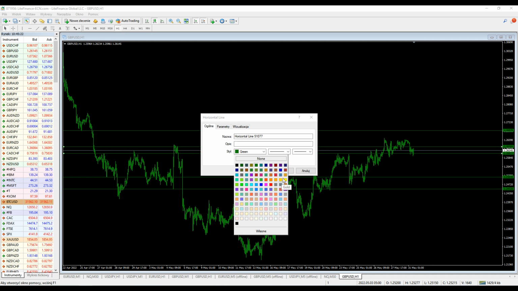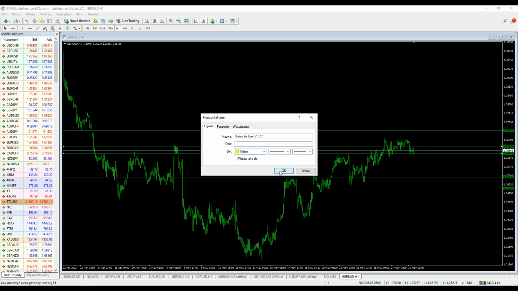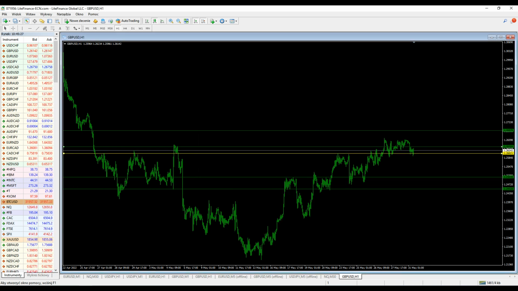I do prefer the levels. If you remember, I've explained quite a few times, if we have this type of price action, I don't like the extremes. I do prefer the levels below, right? So that's what we have here, and that's what we have here.